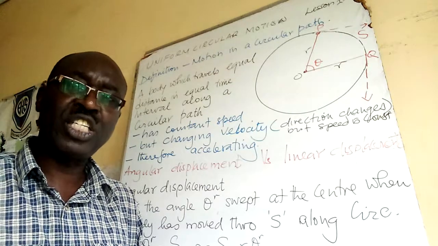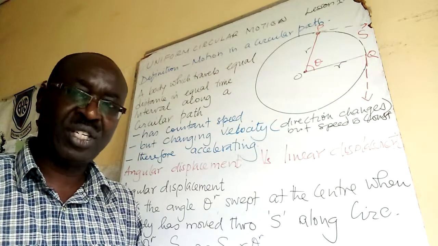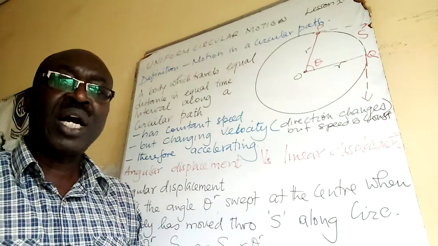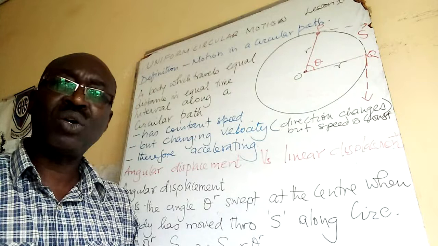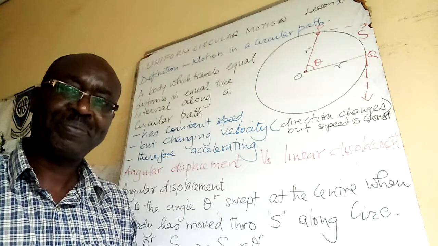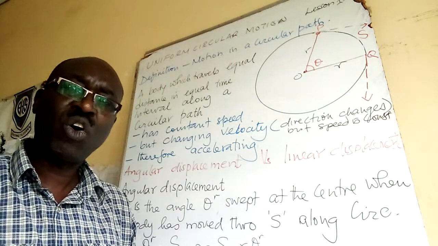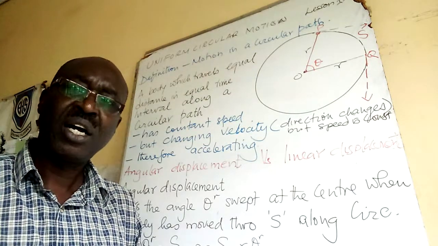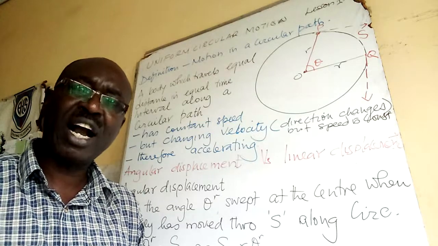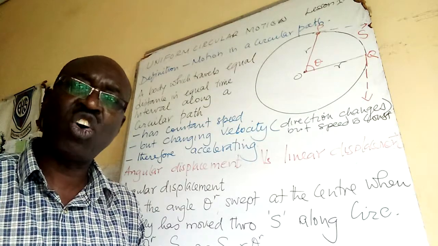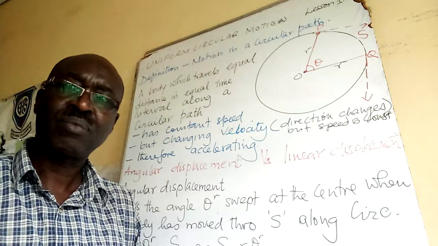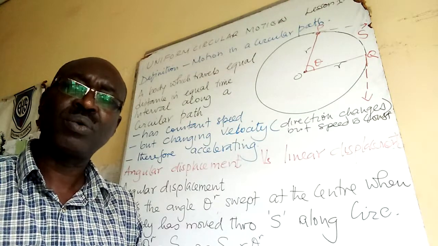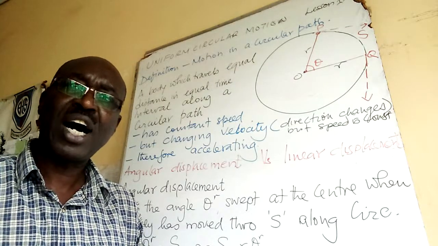And if velocity is changing, we say acceleration exists. And lastly, we talked about angular displacement. It is the angle theta in radians subtended at the center when a body covers some distance along the circumference. Mathematically, theta radians is equal to S over R.